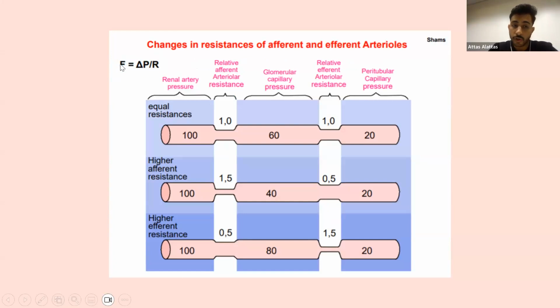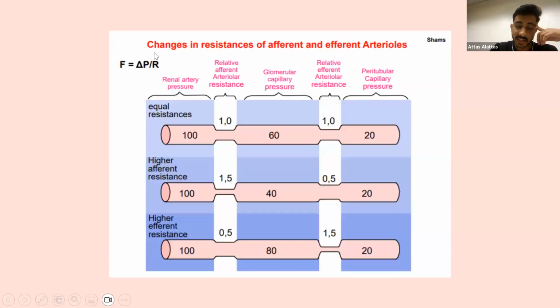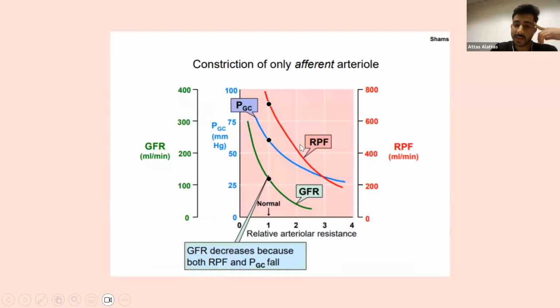So the flow should be what? Should be decreased, okay? You're increasing constriction of the afferent arteriole, so you're increasing the resistance. Because you're increasing the resistance, the flow will decrease. This is the reason why the renal plasma flow will decrease with constriction.